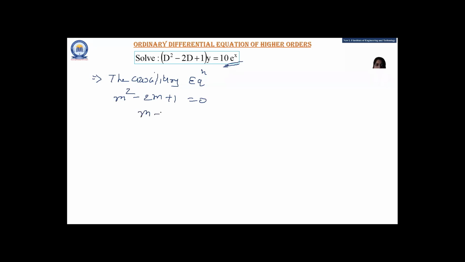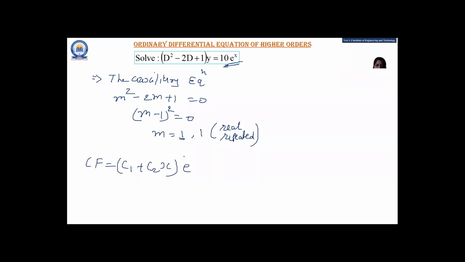Now, the factors are m minus 1 the whole square equal to 0. So what are the roots? m equal to 1, 1. So both roots are real and repeated. As per case 2 of CF, that is case 2 of yesterday's lecture, CF is equal to C1 plus C2x times e raised to our root.